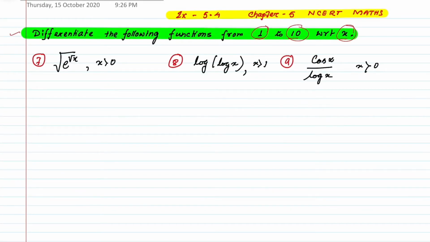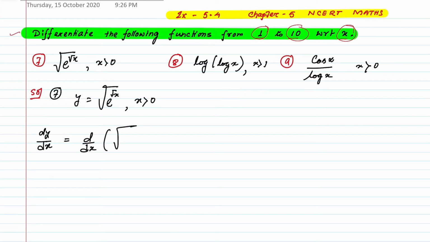Now let me solve question 7. Here y is equal to root over e to the power root x, where x is greater than 0, as given. Now let us find the derivative of this. dy by dx will be the derivative of root over e to the power root x.